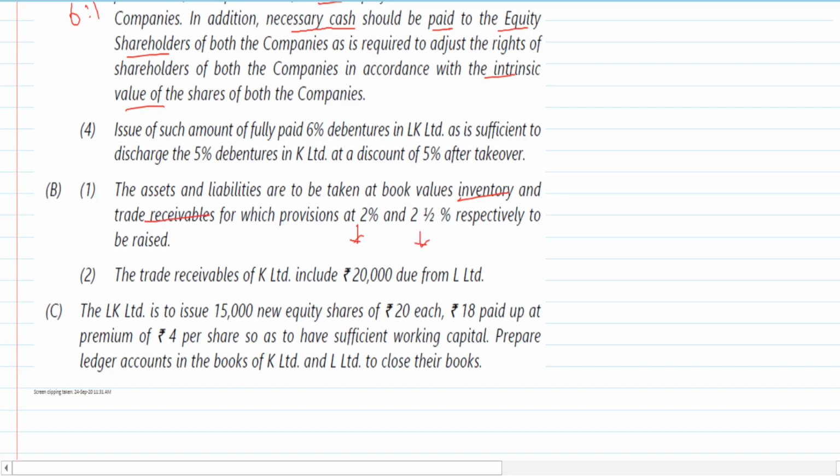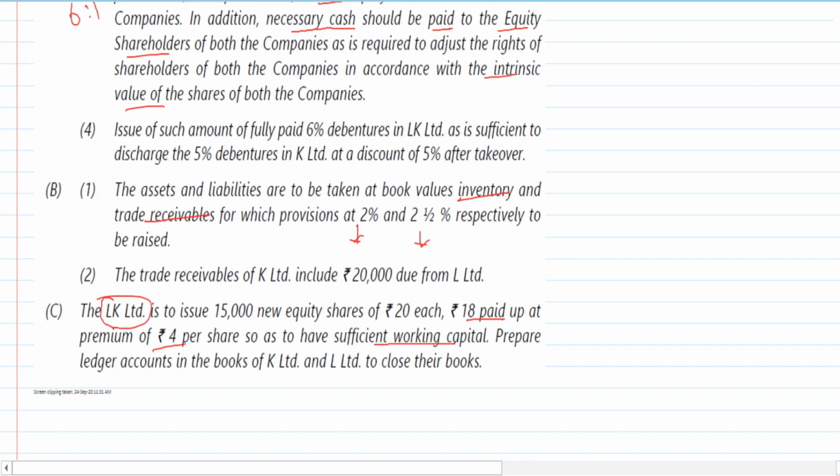And then they say the trade receivables of K Limited include 20,000 due from L. Fine. They are saying LK Limited is to issue 15,000 new shares of rupees 20 each, rupees 18 paid up at premium of 4, so as to have sufficient working capital. Right? This is going to be done by LK Limited.